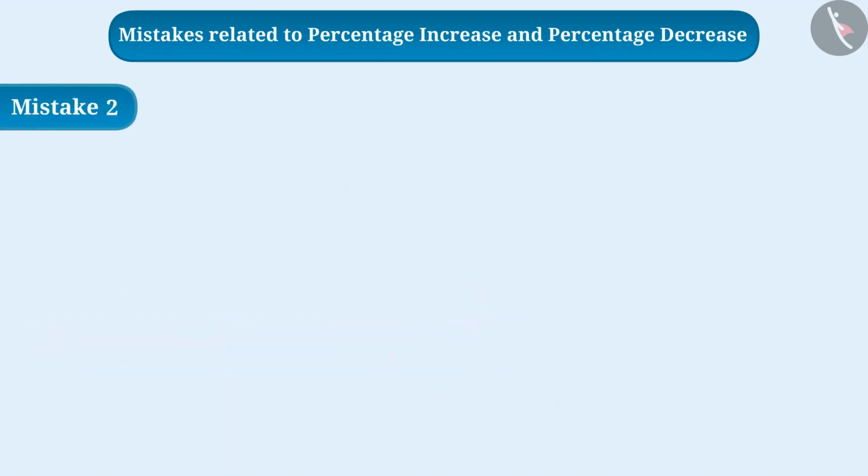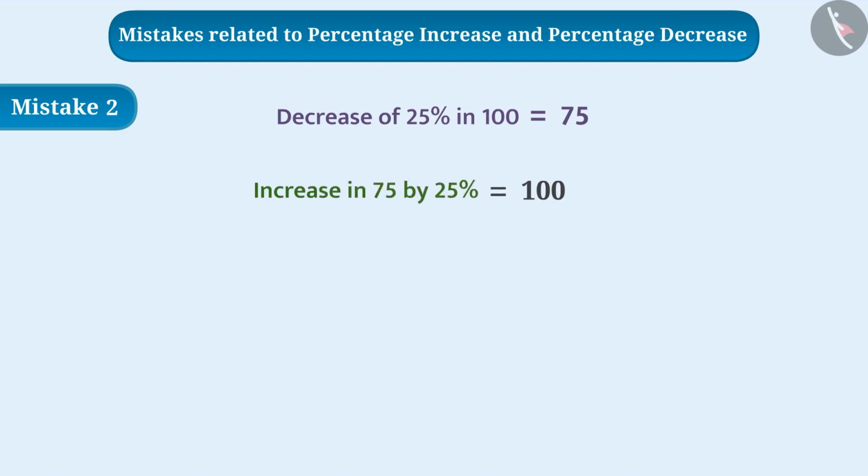Mistake 2. If there is a decrease of 25% in 100, then the answer is 75. Due to this, children assume that to get 100, they have to increase 75 by 25%. But this is the wrong understanding. The correct answer is that if there is a decrease of 25% in 100, the answer is definitely 75.